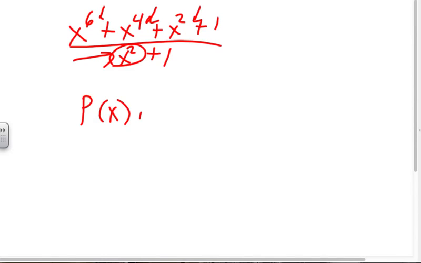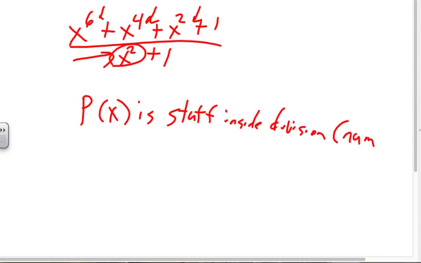So my last note: P of x is the stuff inside the division, or the numerator you're originally starting with. You're going to see these terms show up in homework.